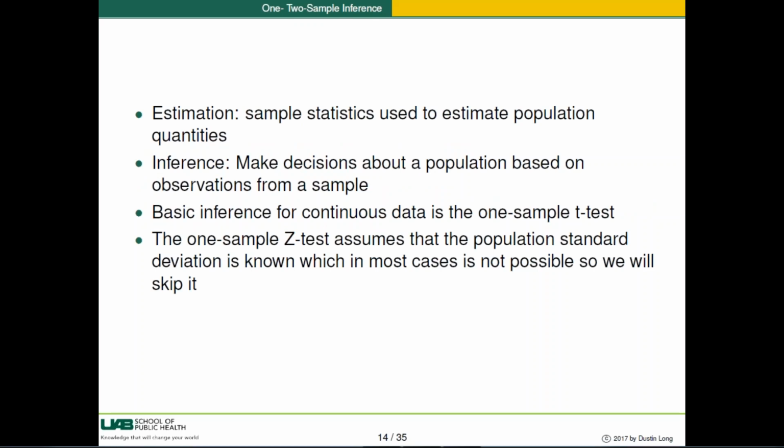In general, estimation, those are the sample statistics we use to estimate these population quantities. Because the sample average is not the population average, but we think that it is. And what's the population? So if I take a sample of children born at UAB hospital, that's my sample. What would my population be?